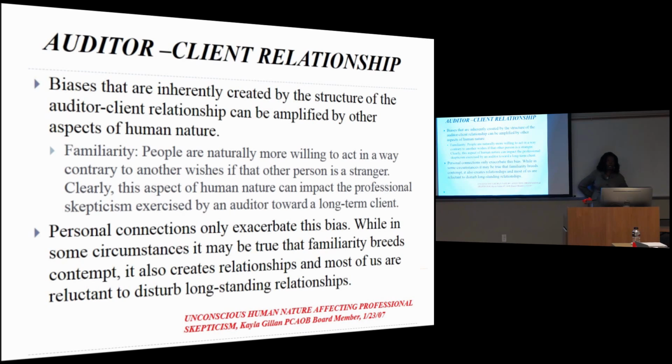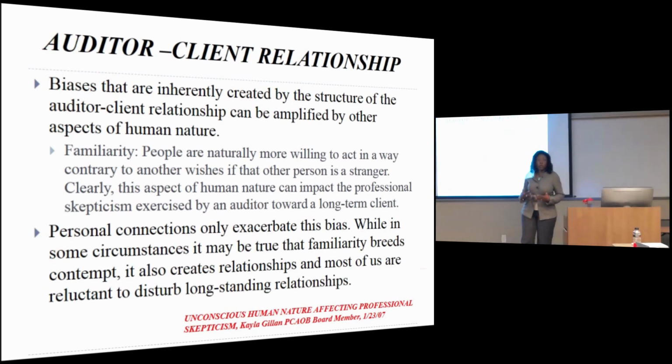So just the fact of the auditor-client relationship implicitly allows for biases that auditors have to guard against. And we talked about this when we talked about the judgment framework. When you're familiar with someone, you believe that person's going to act in a certain kind of way. You have certain expectations about how that person is going to act.